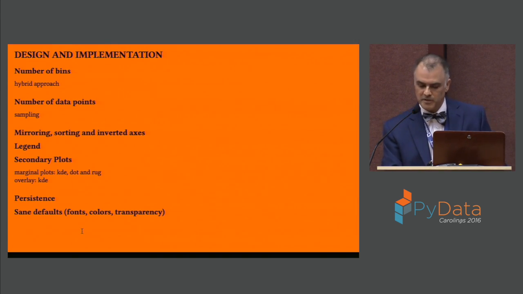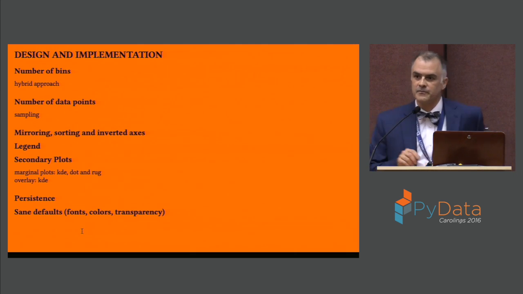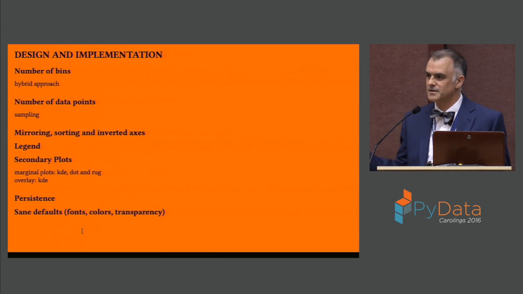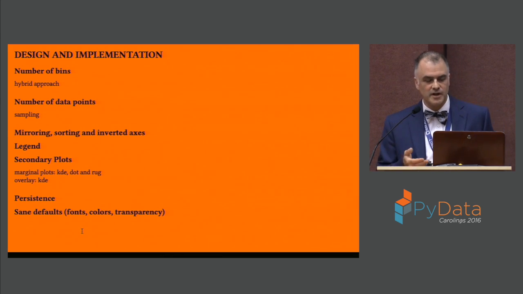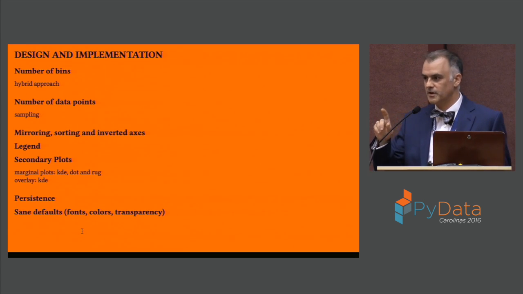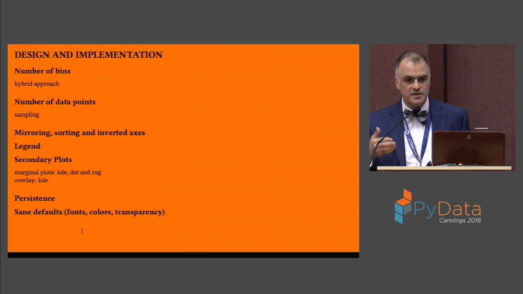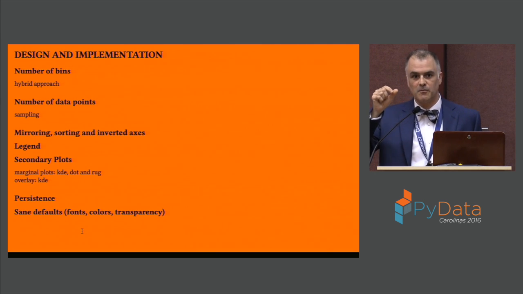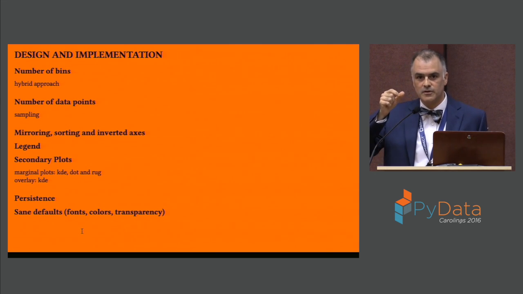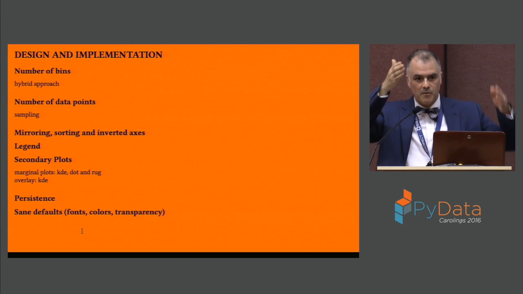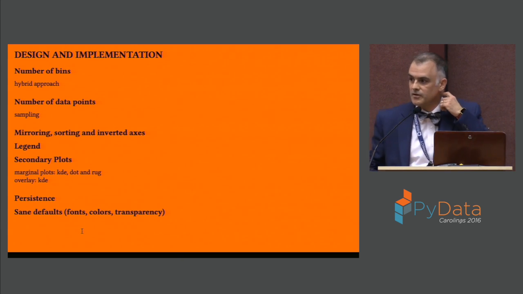Briefly on the design and implementation, I just wanted to mention it looks fairly simple, but when you start looking at how to count the number of bins, and you'll see in the performance demo why that is important, the number of bins is how many data points you'll accumulate in each, or how you're going to slice and dice your data.